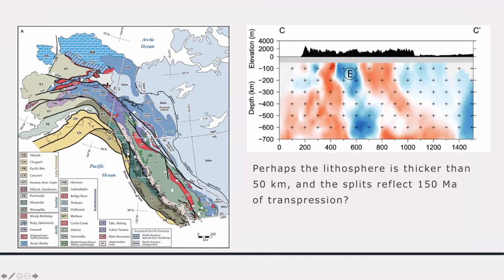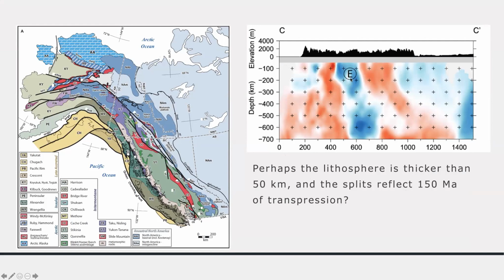And I'd note that the tectonic fabric, so here is another figure that shows the accreted terrains in the area, tends to be oriented in the northwest-southeast orientation, again in the direction of our shear wave splits, at least to the west. So perhaps the lithosphere here is thicker than 50 kilometers and the splits reflect 150 million years of transpression.